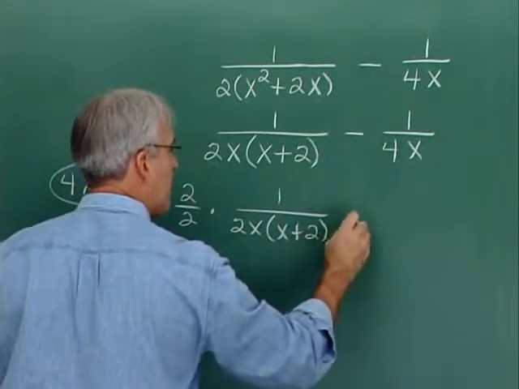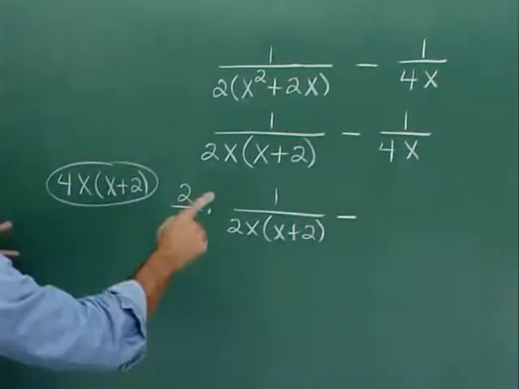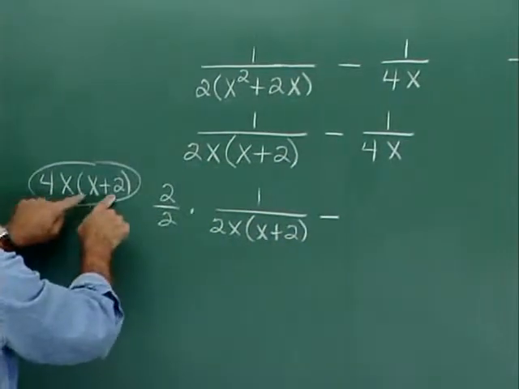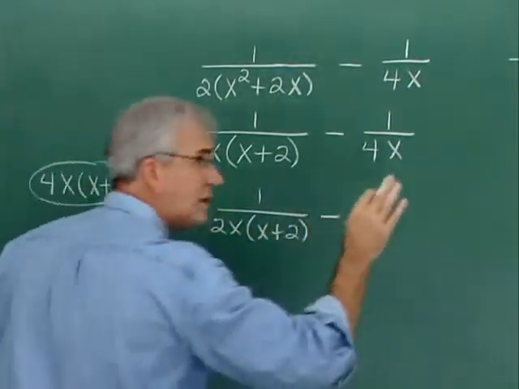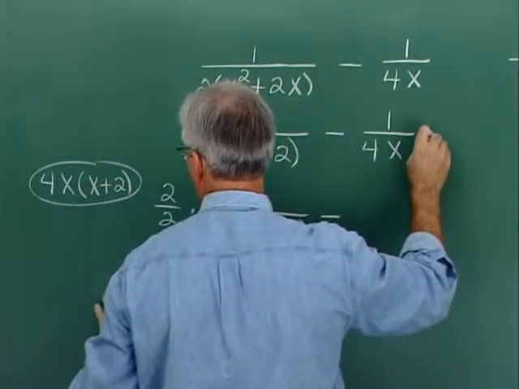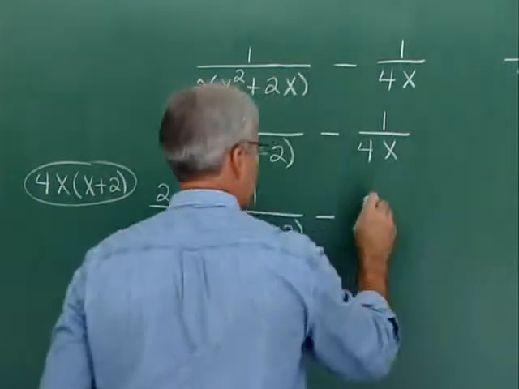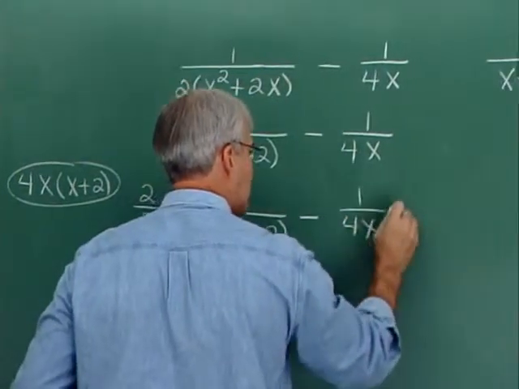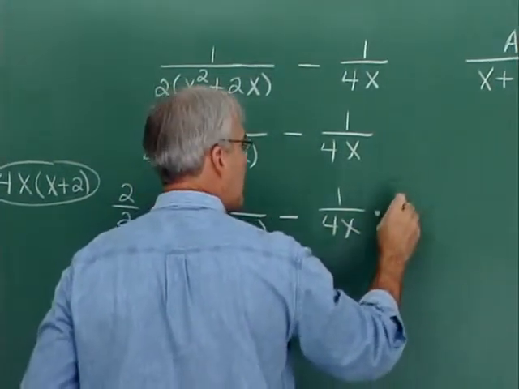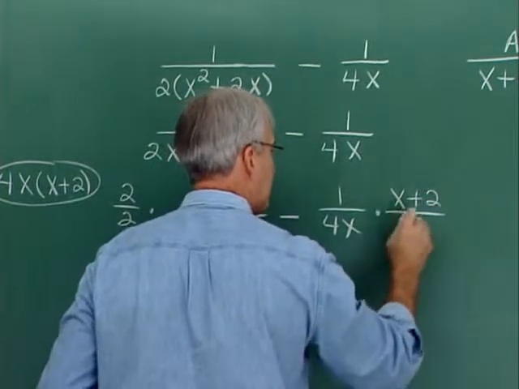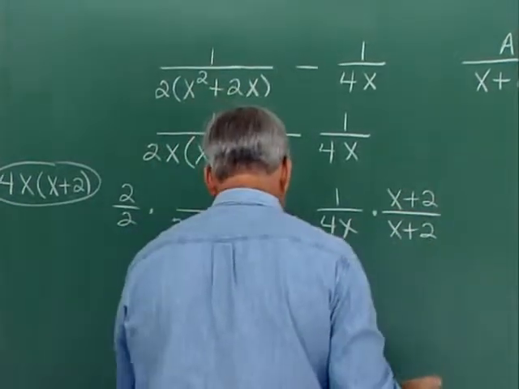Then, now that one, let's see, we've got the 4, we've got the x, we're missing the x plus 2. Oh, that's easy. We take this fraction and we're going to multiply it by, oh, I'll show it in this next step. I'll write this and show that we're going to multiply in that missing x plus 2 factor. You see, that's the idea.